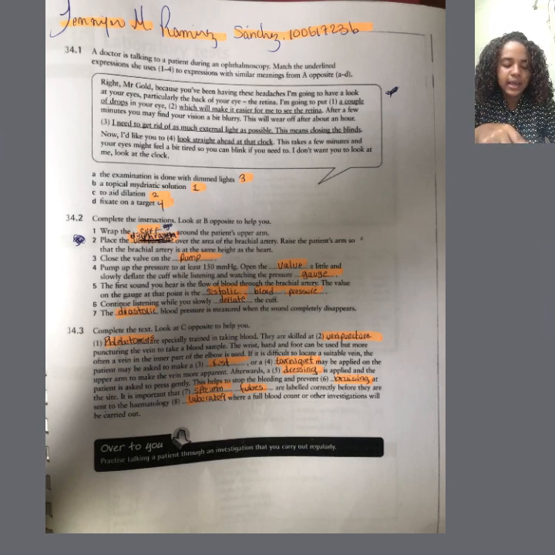I need to get rid of as much external light as possible. This means closing the blinds.